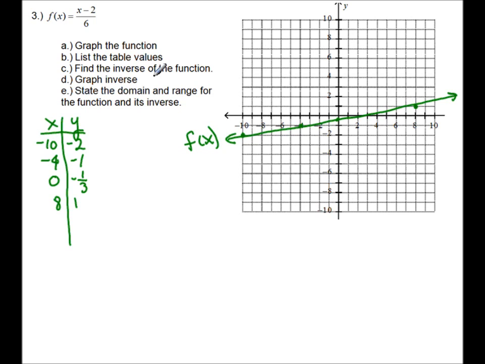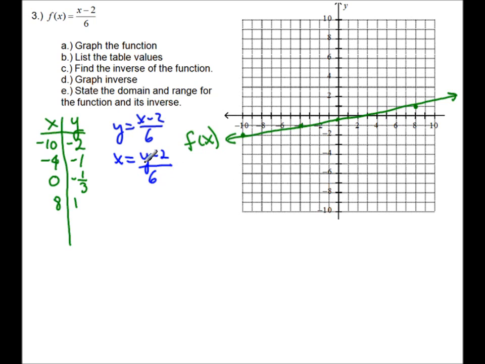Then it tells us to find the inverse of the function. Well, the easiest way to find the inverse is to set y equals x minus 2 divided by 6. Switch x and y, so then you get x equals y minus 2 divided by 6.